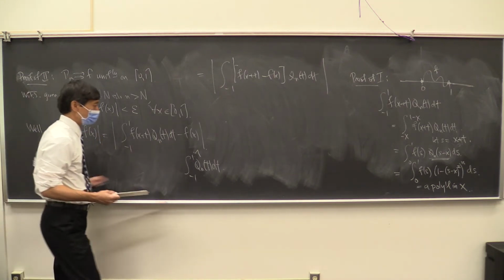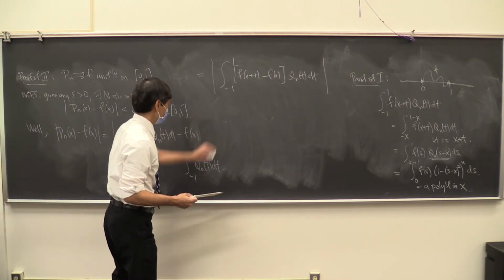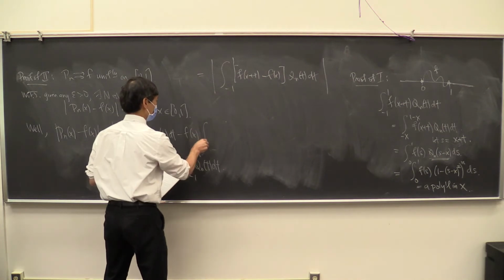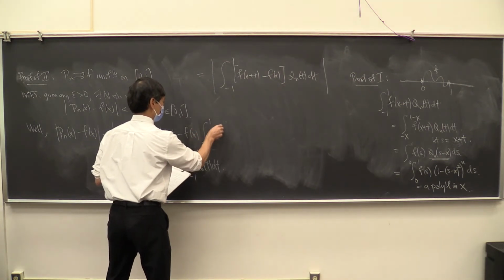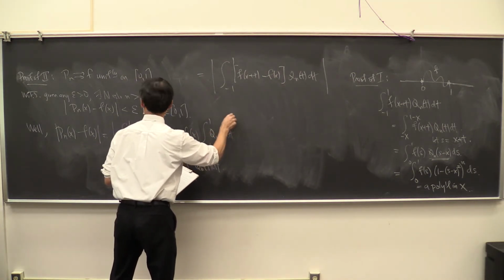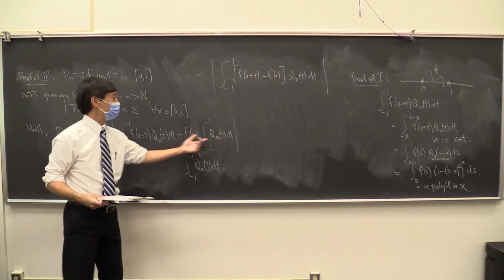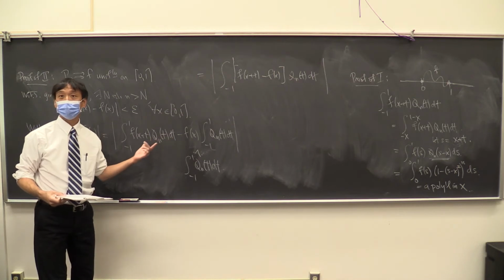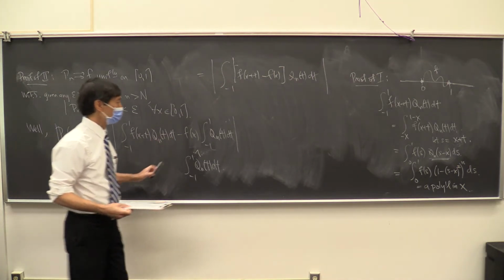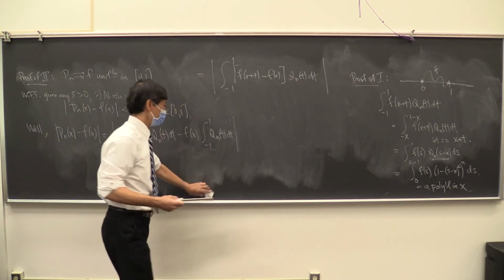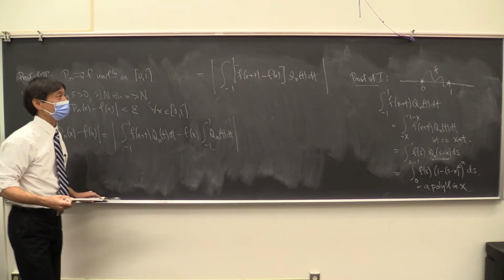So we multiply this guy by this 1 here. We brought the f of x inside, and then we combine the integrals together. So nothing fancy, except using the approximation identity.